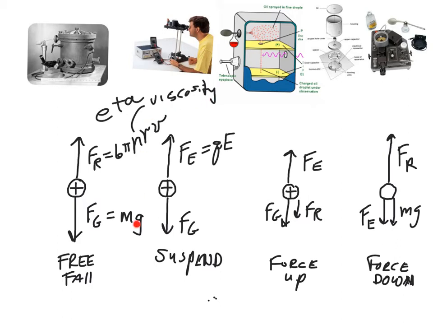The next one, these are all isolated, by the way, is if we are able to suspend the drop, then the force of gravity is down, and the force now holding it up is the electric force, which is Q times E. And you do need to know, we've seen this before, but you probably forgot, that E equals the voltage divided by the distance between the plates.